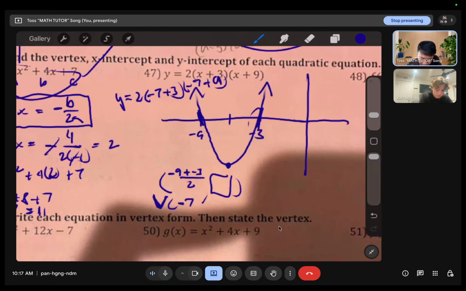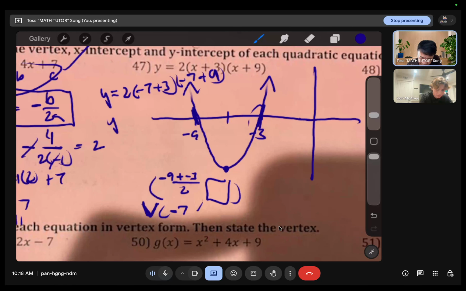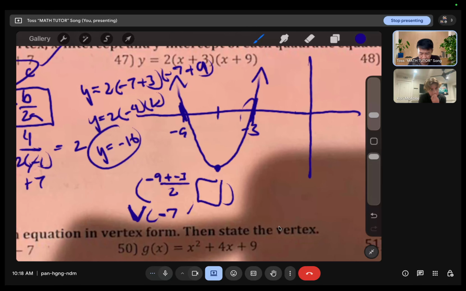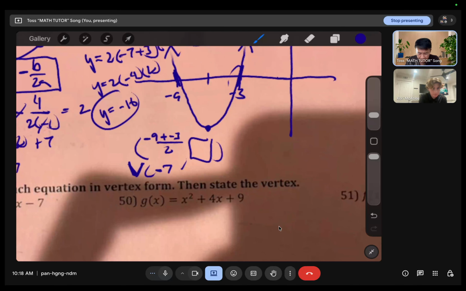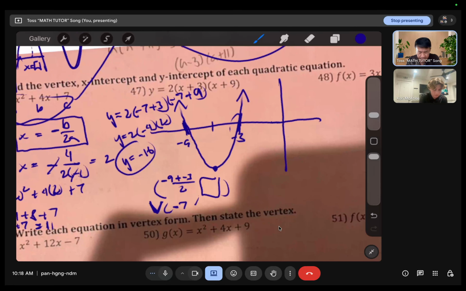Just be neat with your math here. So y equals 2 times -4 times 2. So y equals -16.